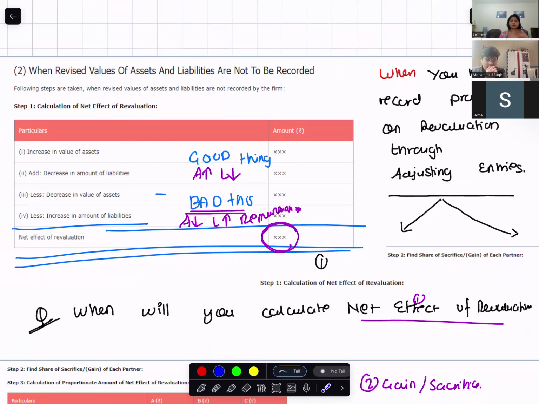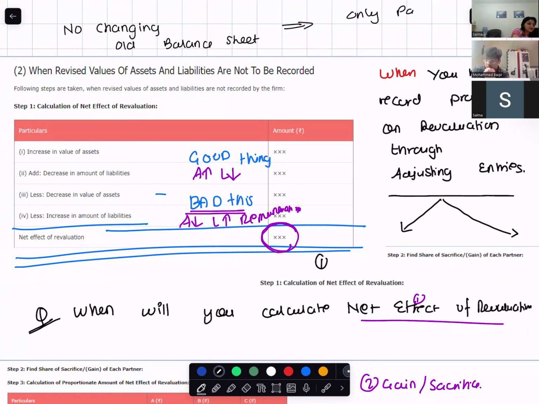You don't want to change the old balance sheet, only adjusting entries.